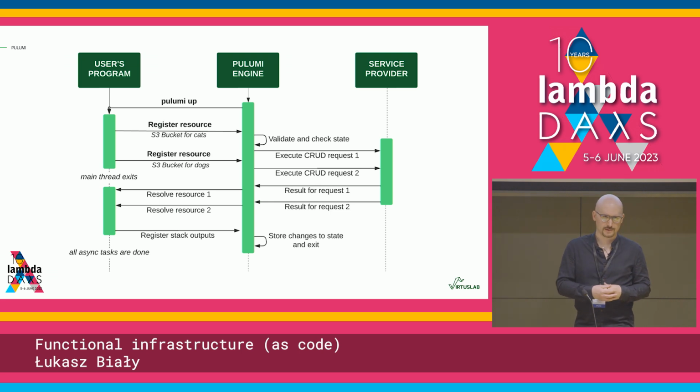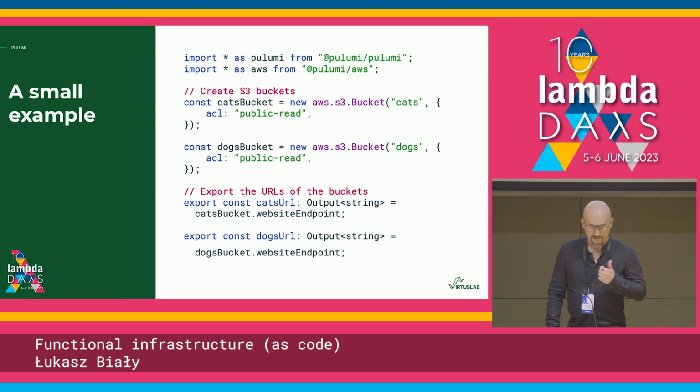I don't think the order is guaranteed, but maybe it is. We get responses for those requests, and the Pulumi engine redirects those responses back to our program, and that allows the SDK for your language to resolve those values. So it means that there is a value to be exported as the website endpoint for both the cats bucket and the dogs bucket.